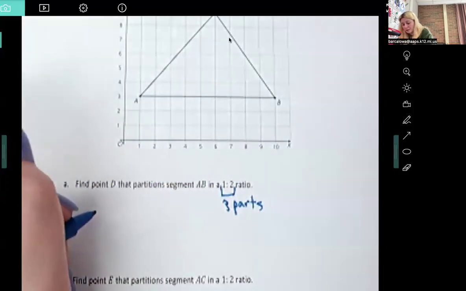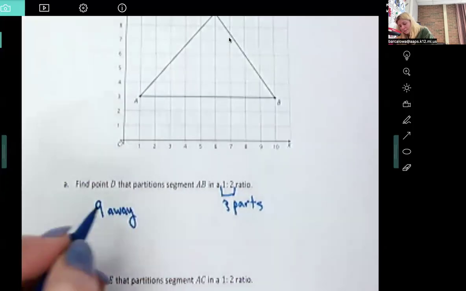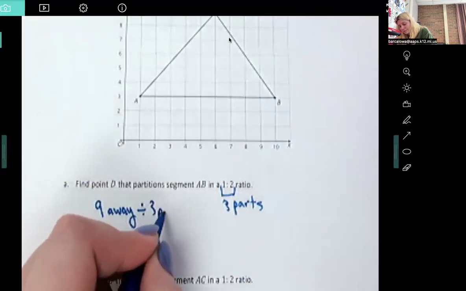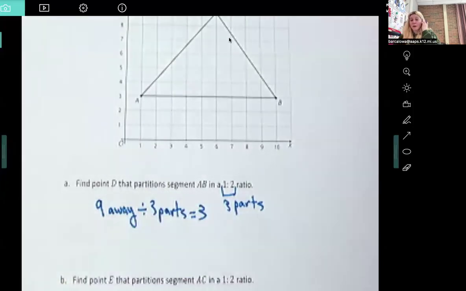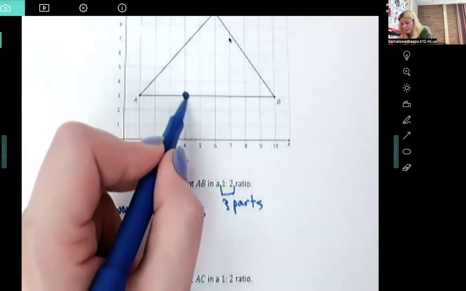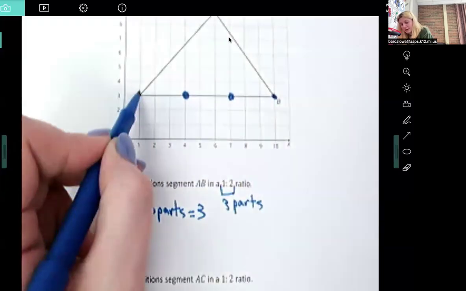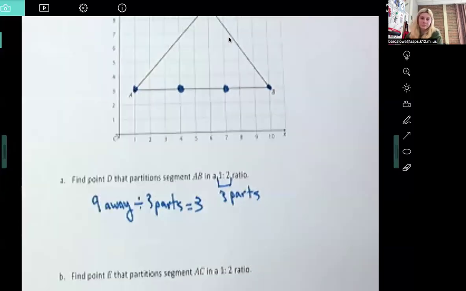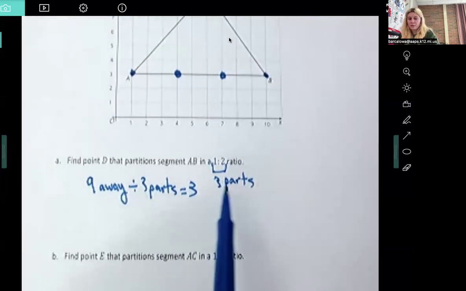Looks like they're 9 units apart, and I'm splitting this up into 3 parts. So each partition will be 3 spaces long. 1, 2, 3, 1, 2, 3, 1, 2, 3. Do we see how that is 3 equal parts? Heck yeah.